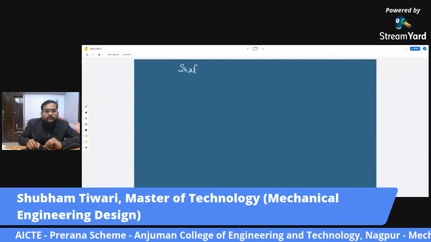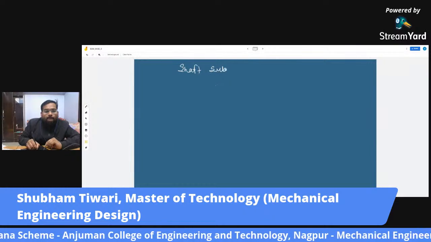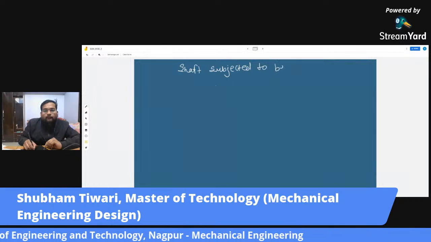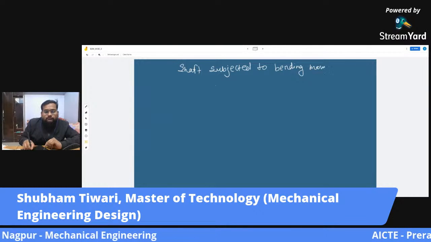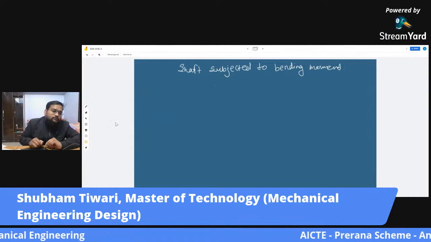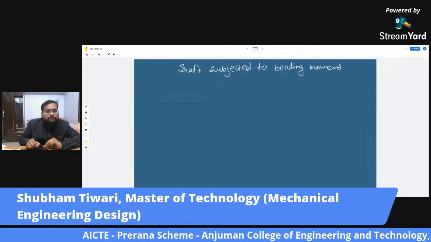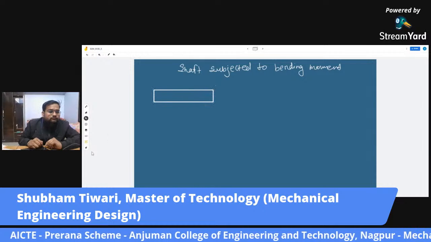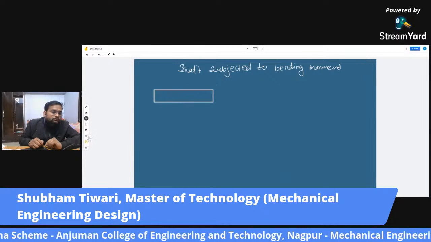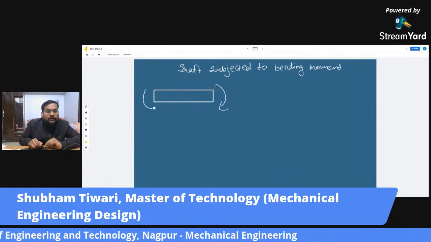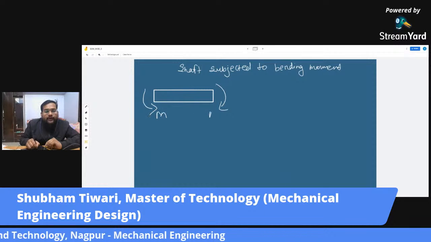Shaft subjected to bending moment. Now the same shaft is subjected to bending moment M.